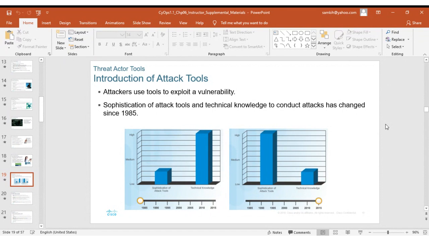As you can see from my two diagrams here, the tools have really changed, to ensure that people are able to exploit vulnerabilities, and some of those tools are free.